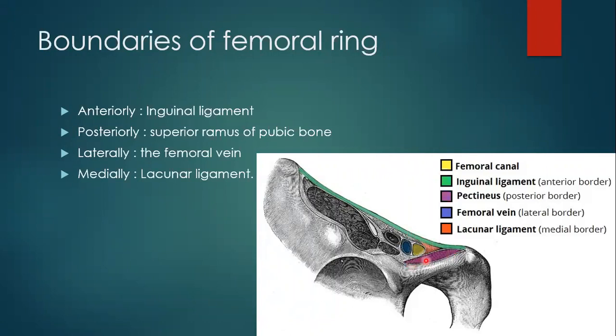The posterior boundary is formed by the pectineus. Okay, this is the pectineal line, part of the pubic bone. The medial boundary is formed by a ligament which is half moon-shaped, hence called the lacunar ligament. And in the lateral part of this ring is present the femoral vein.